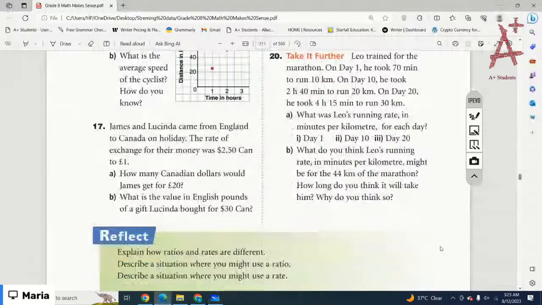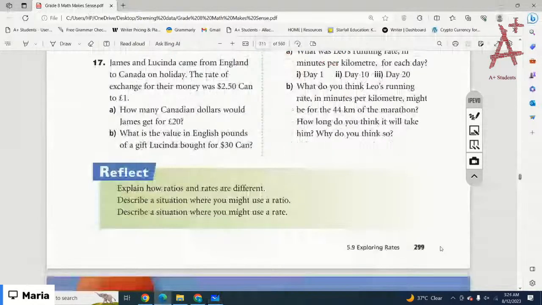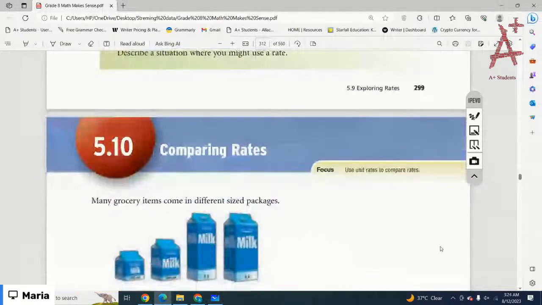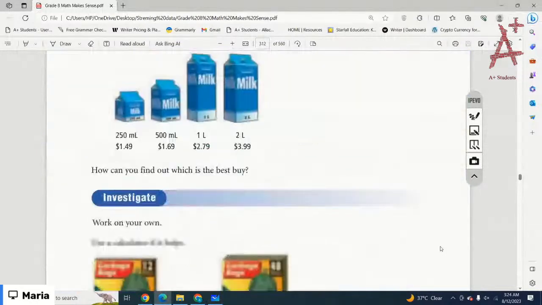Okay, we are done with the lesson. Let's just start with the next lesson, that is comparing ratios. Okay, 5.10, comparing ratios.